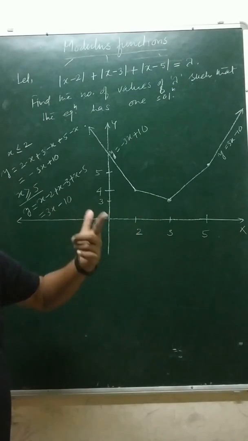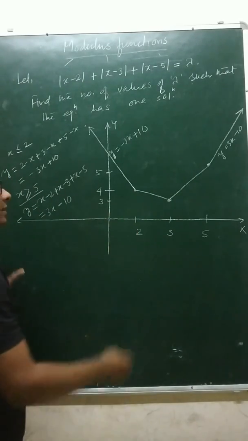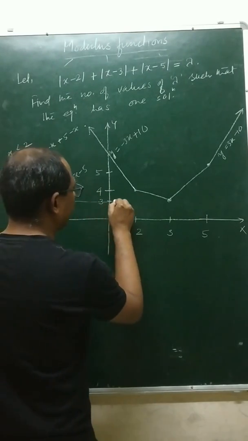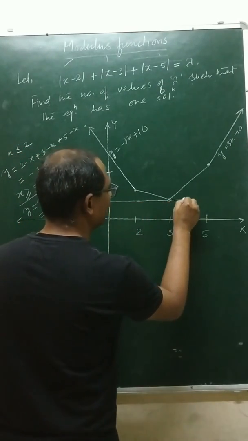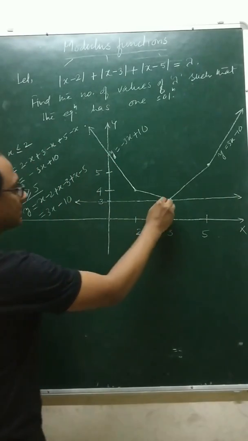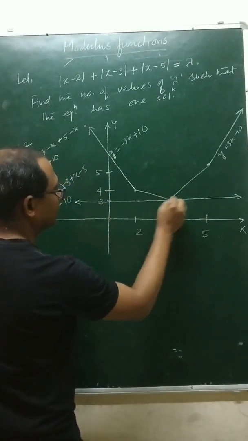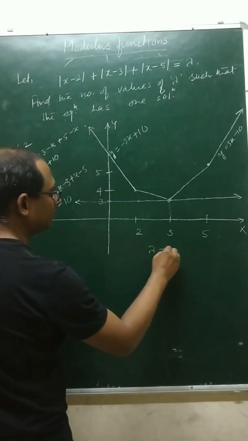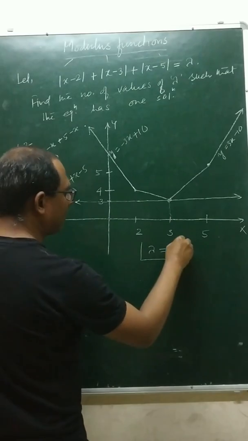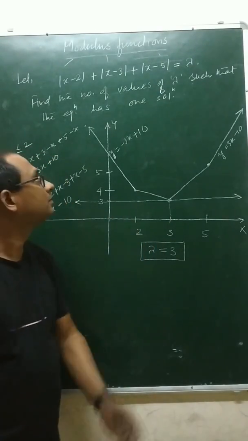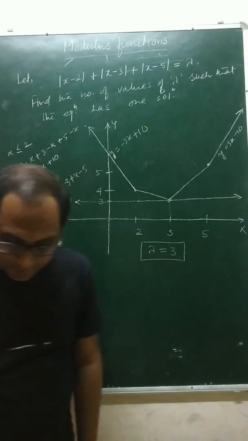Obviously from this graph there is only one line parallel to the x-axis which will cut the graph at exactly one point. That is this. What is this? This is lambda equal to 3. As simple as that. So this is the solution for that.